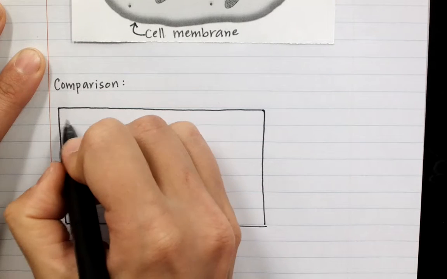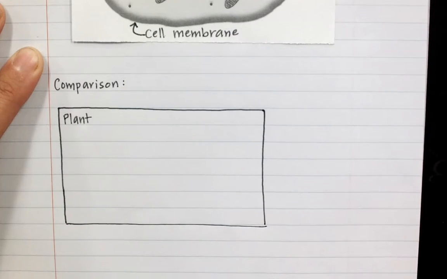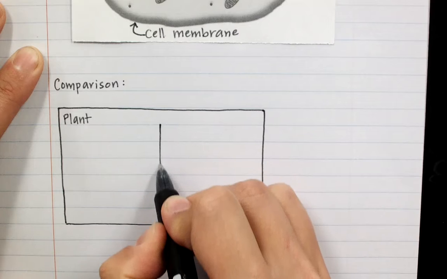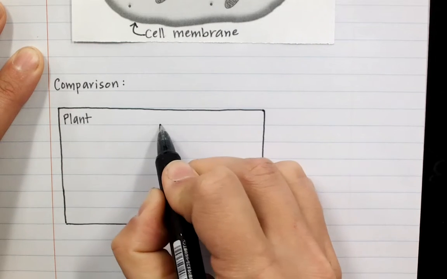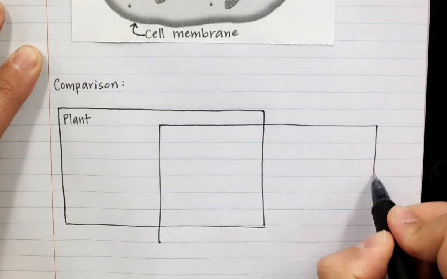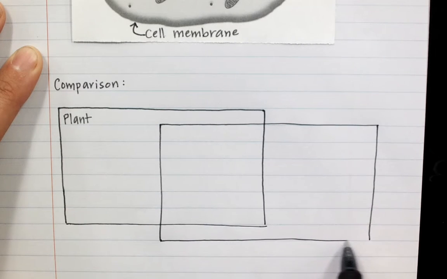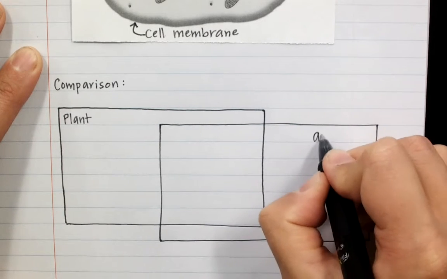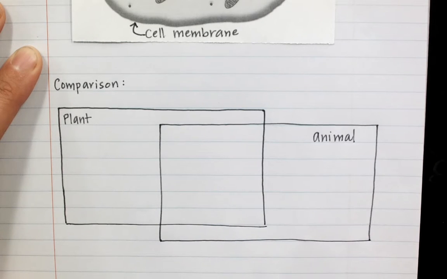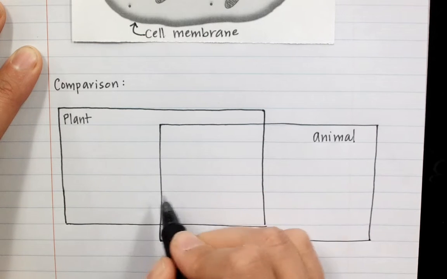So this one is going to be for my plant cells. And then I'm going to have another one going this way. So here's my other box. So if this was a Venn diagram, how you're used to seeing it, this would be 2 circles. This is going to be for my animal cells. And then I need to have another one where all of these things are sort of combined.